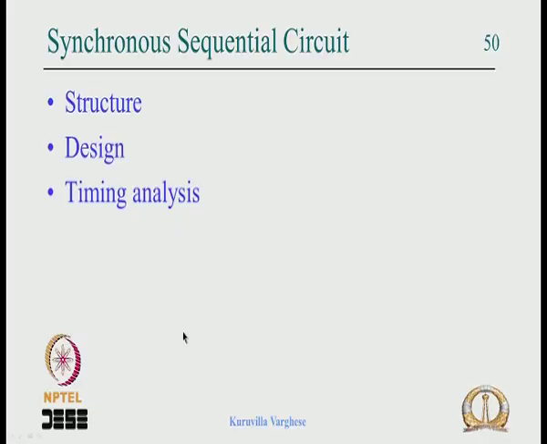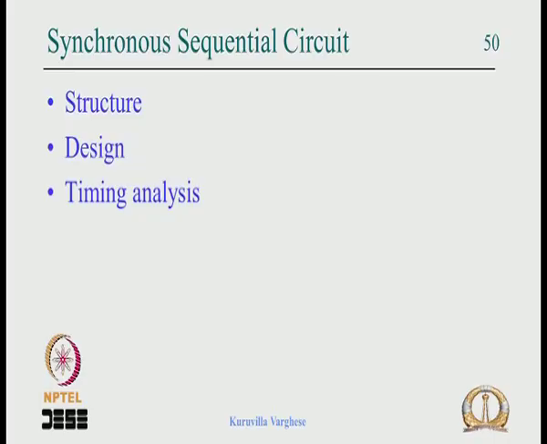The first thing, let us take the synchronous sequential circuit. I assume, as I said before, all the background that you have learned, the combinational circuit and sequential circuit, and now we are coming to the serious design of synchronous sequential circuits.